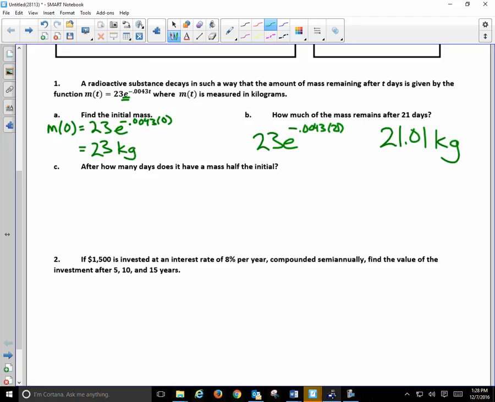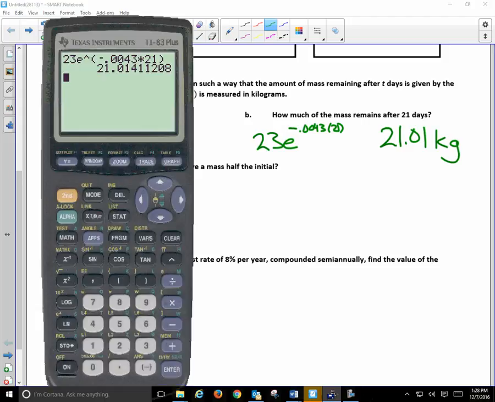So I did just 23 e to that power times 21.